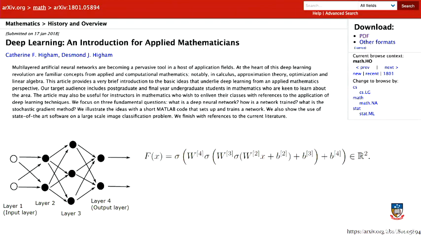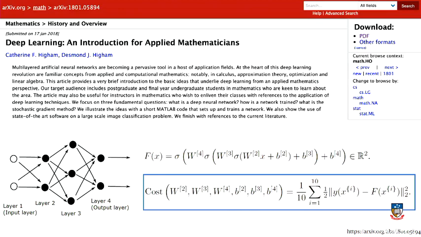sigmoidal function. So what one does is one writes down a cost function again. So I have data, my y of x_i's here inside this cost function. That's a binary indicator to tell me whether my image is a dog or a cat. That's a 1 or a 0. And then I have data that I feed in, which is my x and y coordinates from my little picture before.